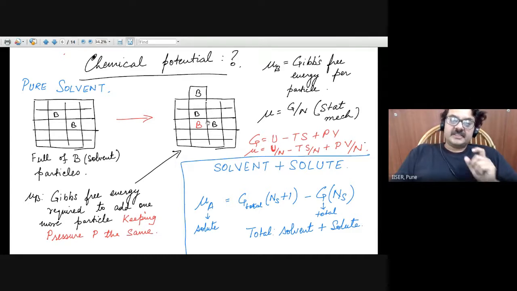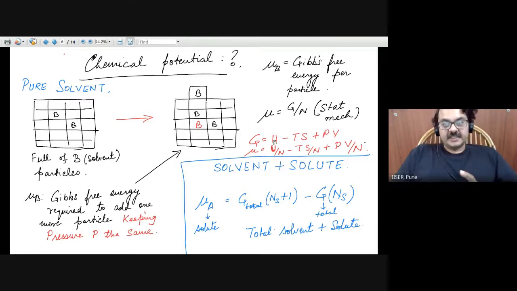And chemical potential is the amount of Gibbs free energy per particle on introducing a new particle. And I would like to remind you, and this comes from statistical physics, for the third year students, you have to wait till you go through a statistical physics course. The chemical potential equals G, the Gibbs free energy per particle, and it comes from StatMech. What was Gibbs free energy? It was U minus TS.